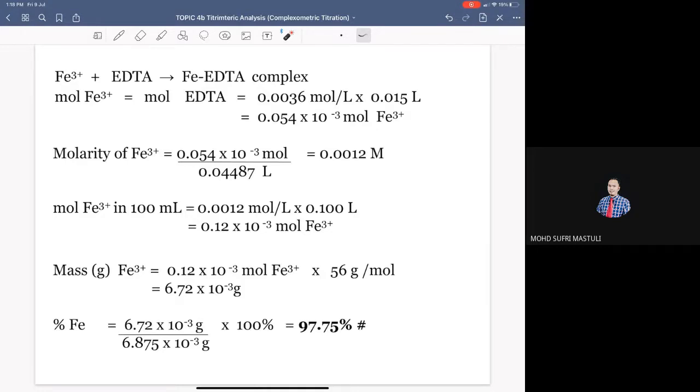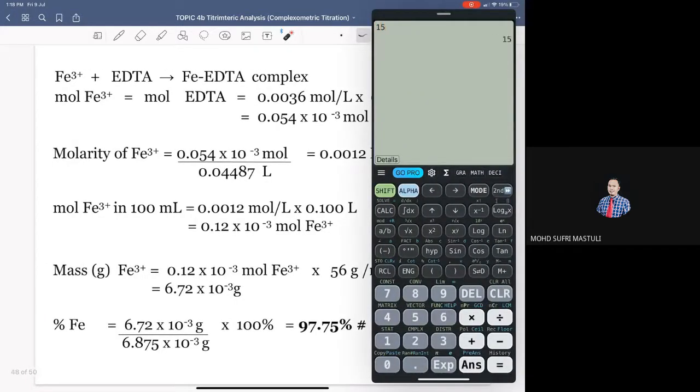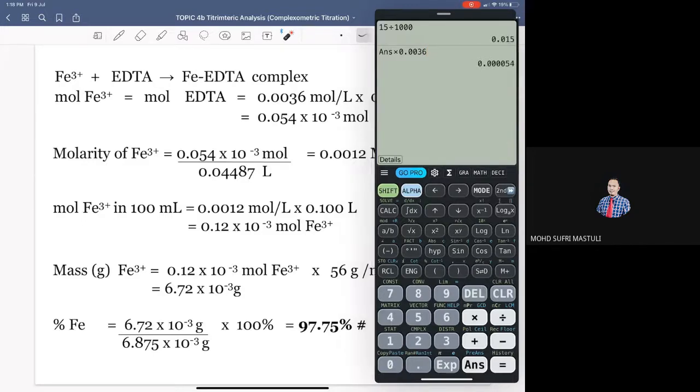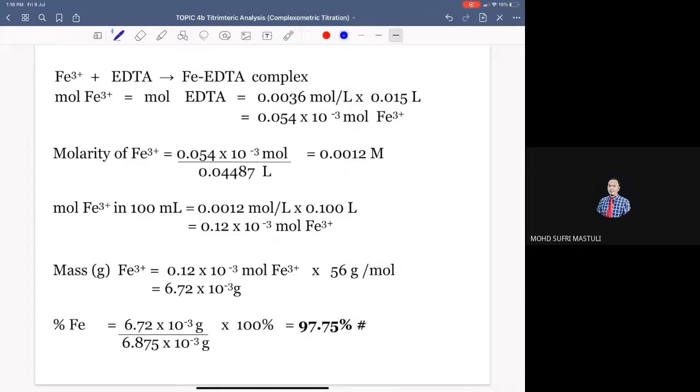So by using your calculator, you can obtain this number: 15 divided by 1000 times 0.0036. So you can obtain 0.0084 milliliter of iron.